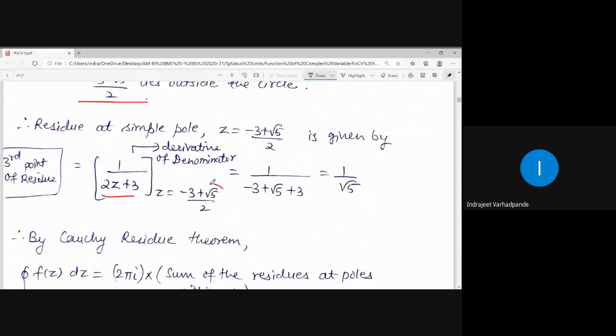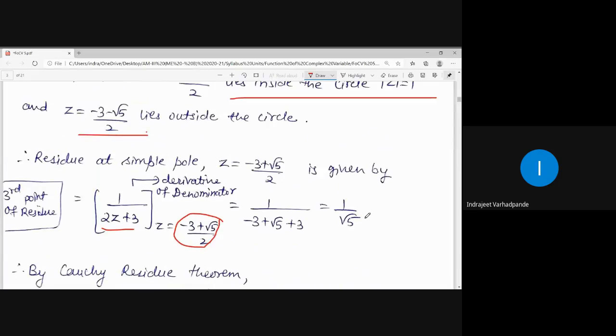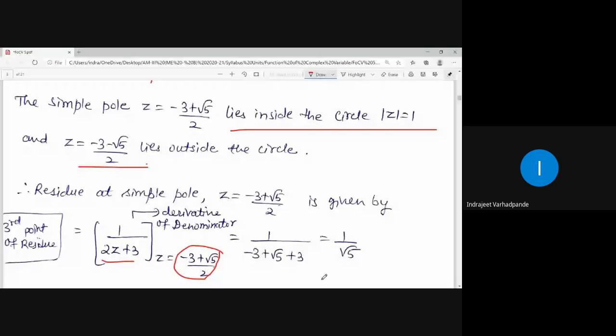Put z equal to this value. Third point of the residue: derivative of the denominator. Do this much, dear. Clear? So 2 cancels, minus 3 plus root 5 plus 3, the 3 also cancels, so how much answer remains? 1 upon root 5. This is the residue.